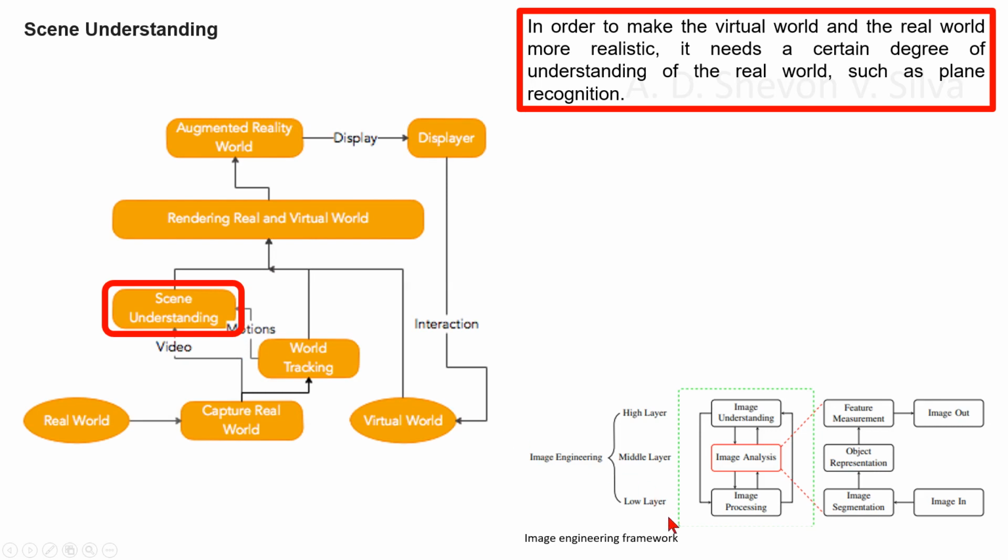Here you can see an image engineering framework, and an image in a general sense is all types of media that can be understood visually by humans, such as video, animation, a still image, graphics, and so on.